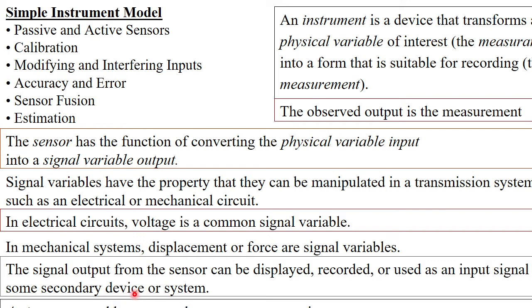So that is one example of our active sensor. By itself, it is generating some charge. But for example, for a strain gauge, you need to provide some input, some electrical signal to that strain gauge for the purpose of measurement. So that is a passive sensor. Strain gauge is a passive sensor.